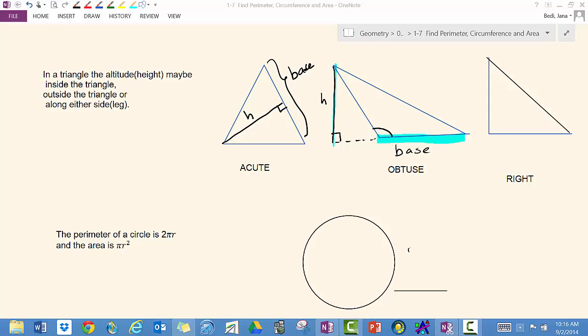This triangle on the right is a right triangle, and it is right because I've indicated that it's a right. In a right triangle, the longest side is called the hypotenuse. The other two sides are called legs.